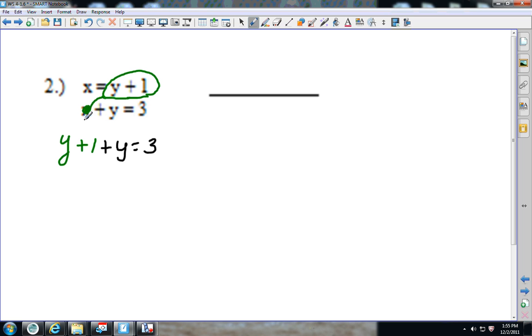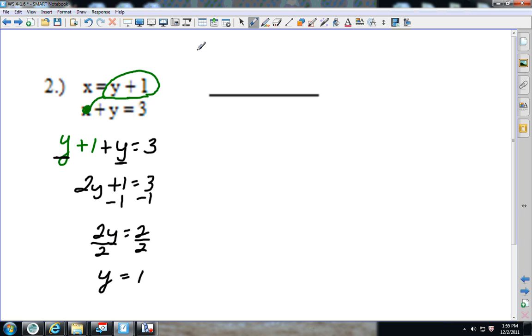See, now I went from having two different letters in there to just one. That's my goal. How many y's do I have? 2y plus 1 equals 3. Then you subtract 1 from each side. You get 2y equals 2. Divide by 2. Y equals 1.